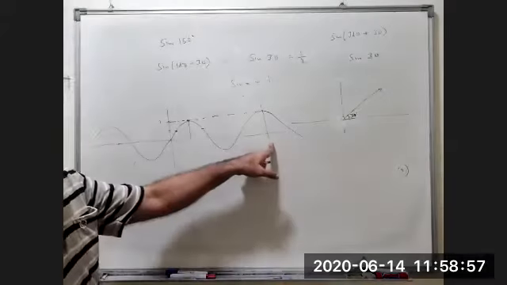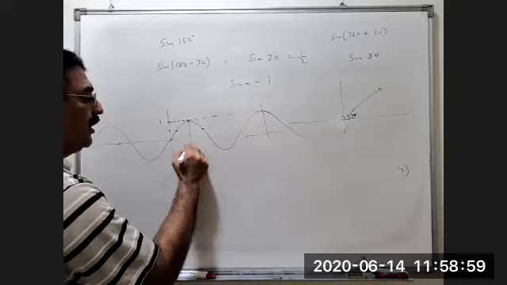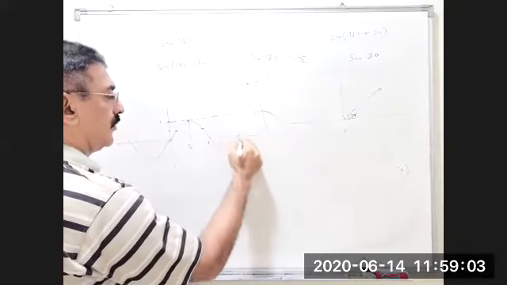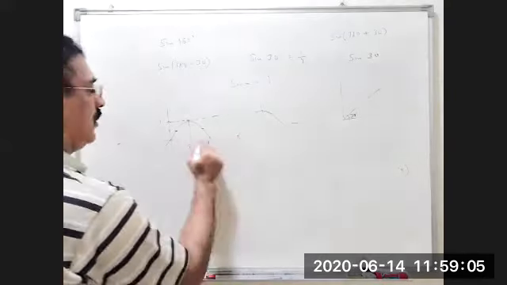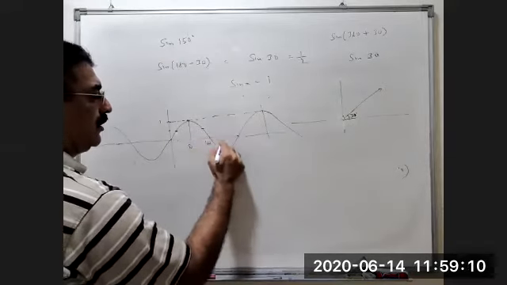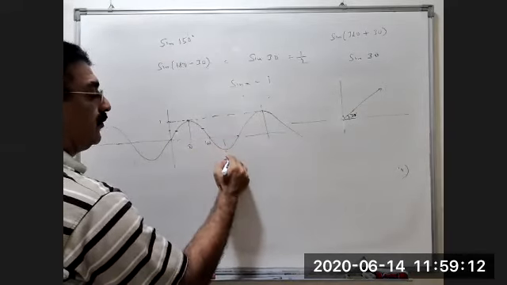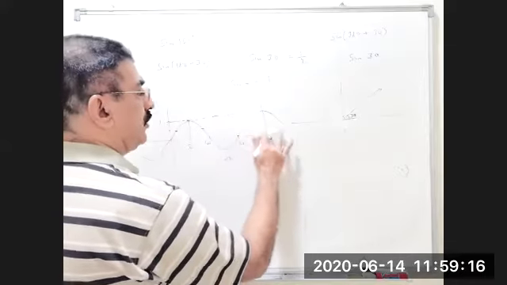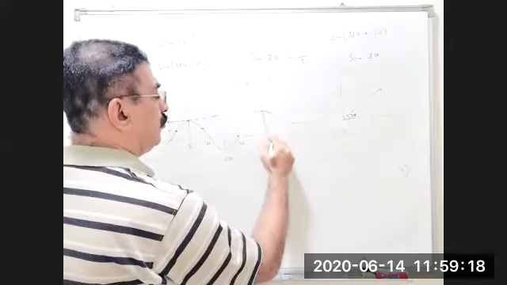This is 90, 180, 270, 360, then this is 450.